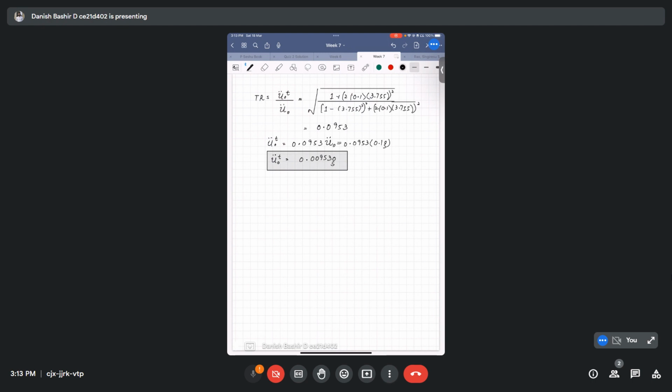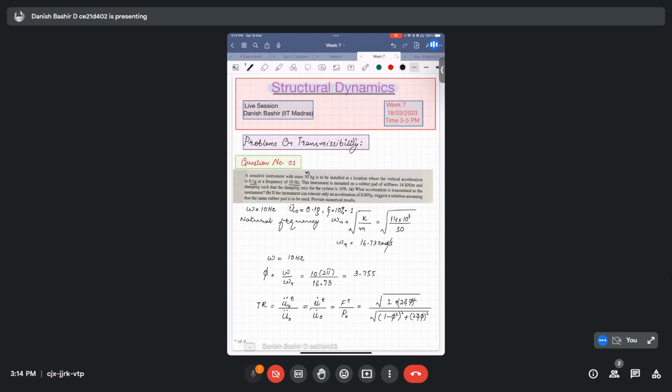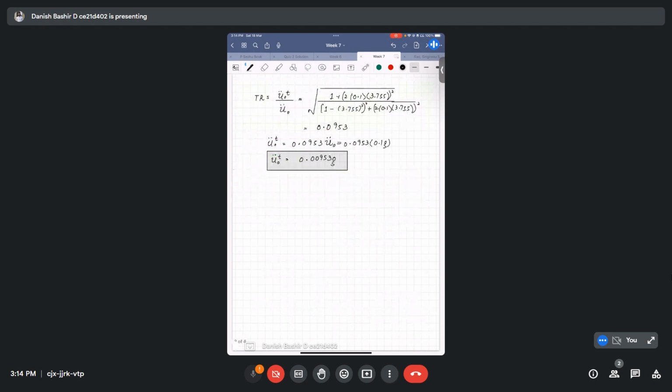So you are seeing here 0.00953 g is being transmitted, but the tolerance limit given is that the instrument can tolerate only 0.005 g. So we are in excess of 0.00453 g, and we have to accommodate this.